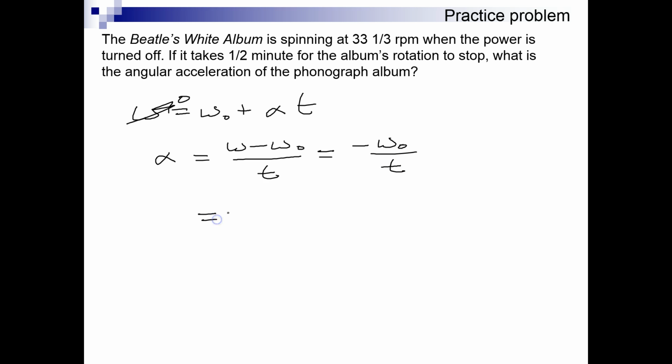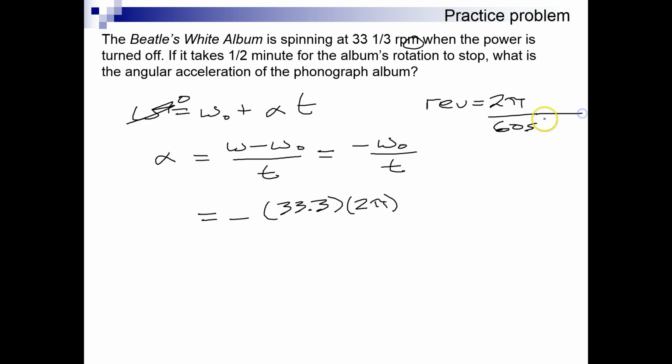So at this point, we need to think about revolutions per minute. We really want to turn revolutions into radians, so to do that, we're just going to multiply by 2 pi. And then because we have minutes here, we really want that in seconds, so we need to divide by 60 seconds. So here's kind of how this equation goes. We're going to put in our 33.3 revolutions per minute, and then to convert it to radians, we're going to do 2 pi radians in a revolution.